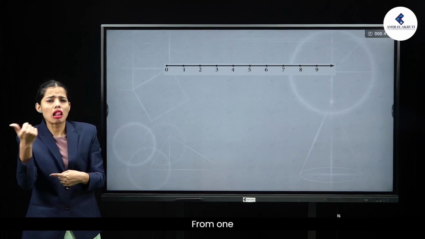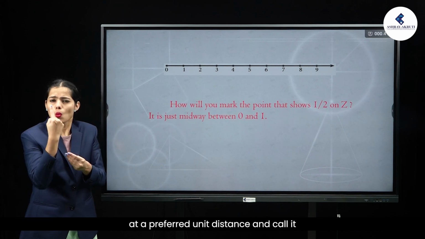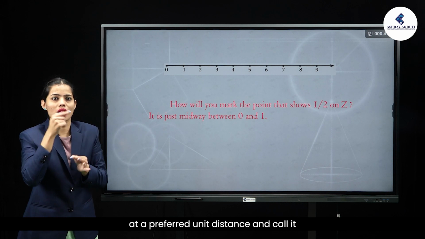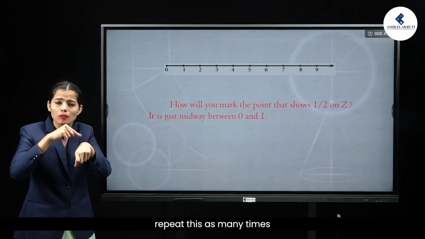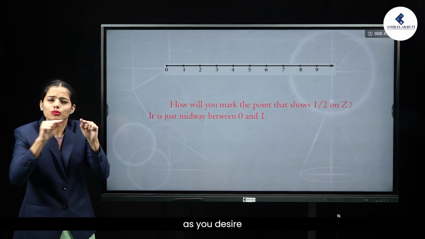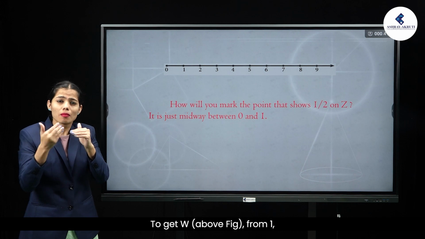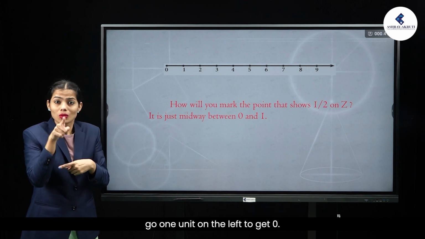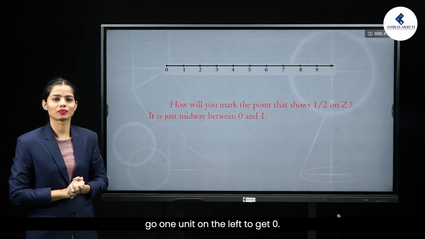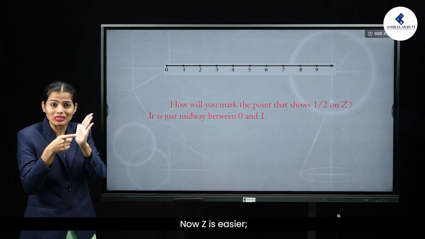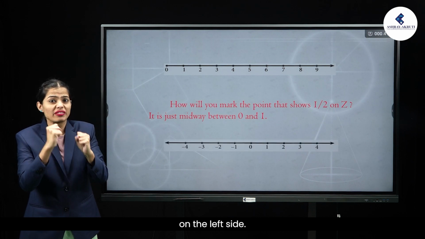From 1, choose another point on its right side at a preferred unit distance. Repeat this as many times as you desire. To get W, from 1, go 1 unit to the left to get 0. Now, Z is easier, just repeat the exercise on the left side.